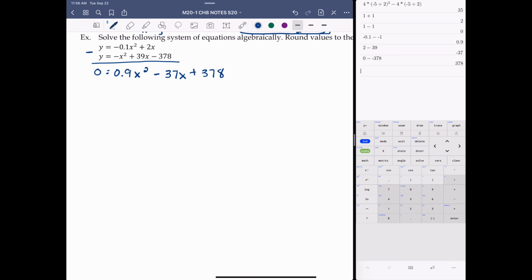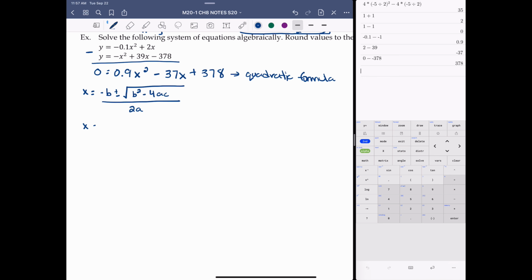I do not want to factor this, so I'm going to use the quadratic formula, which is x equals negative b plus or minus the square root of b squared minus 4ac, all divided by 2a.